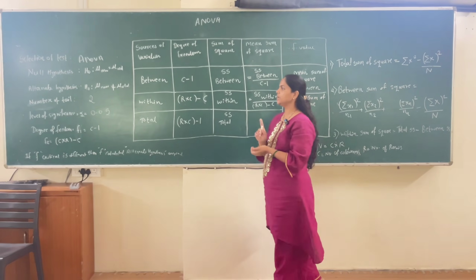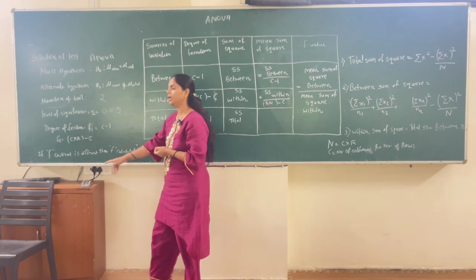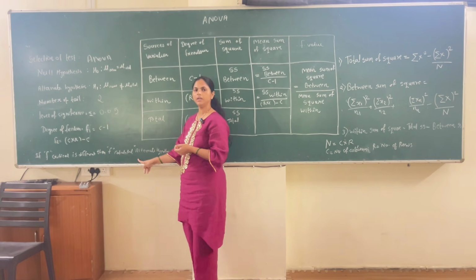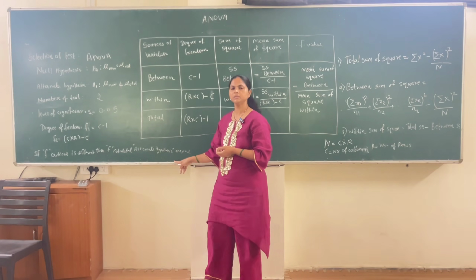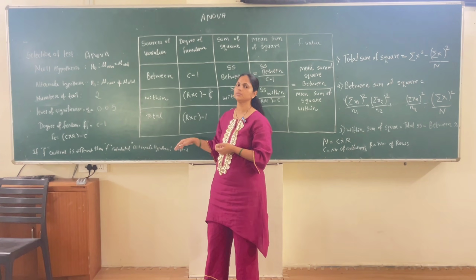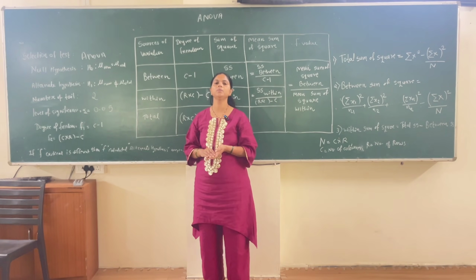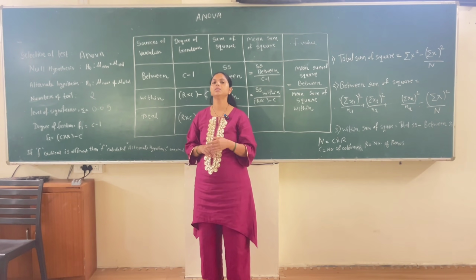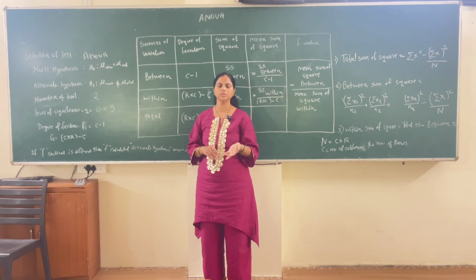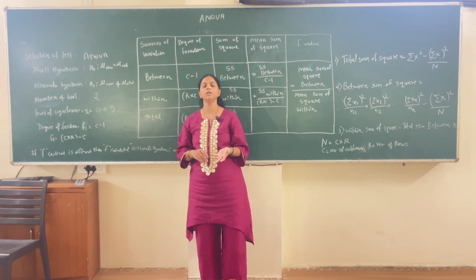If there is a difference between F critical and F calculated, that means your alternate hypothesis is accepted. If there is no difference between F calculated and F critical, that means the null hypothesis is accepted. What do we mean by null hypothesis?